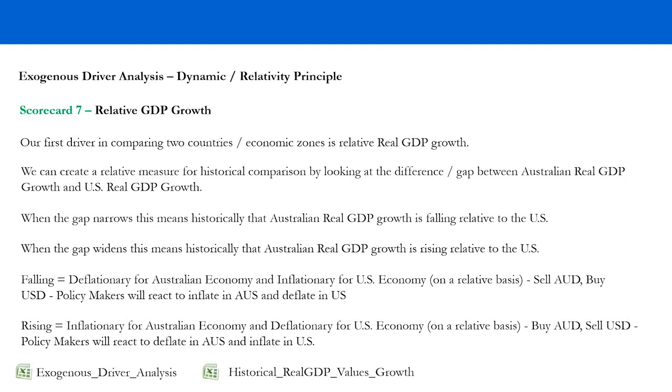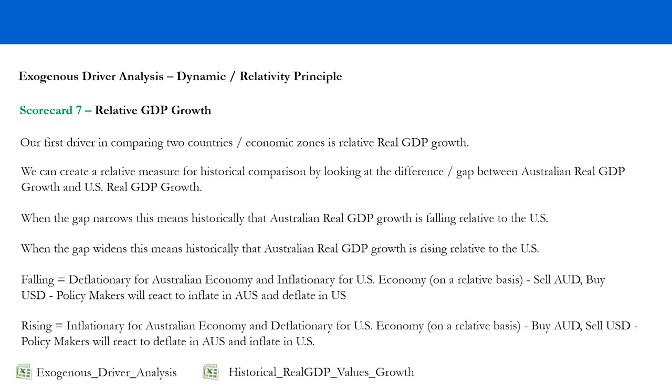So if it's falling, then this is relatively deflationary for the Australian economy and relatively inflationary for the US economy. So our bias is to sell the Aussie dollar and buy the US dollar, because policymakers will react to inflate in Australia and deflate in the United States on a relative basis.